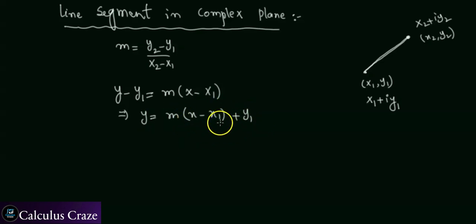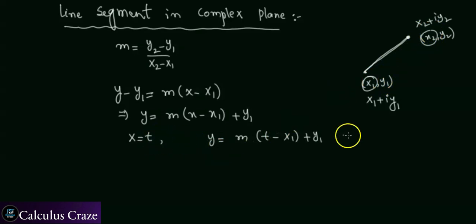Once you do this, you set x to be t, and in that case y will be equal to m times t minus x1 plus y1. Because x is running between x1 and x2, t will be running between x1 and x2.